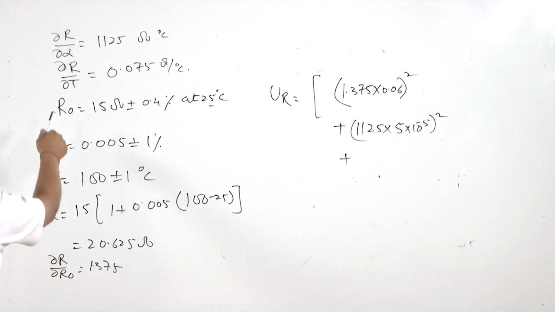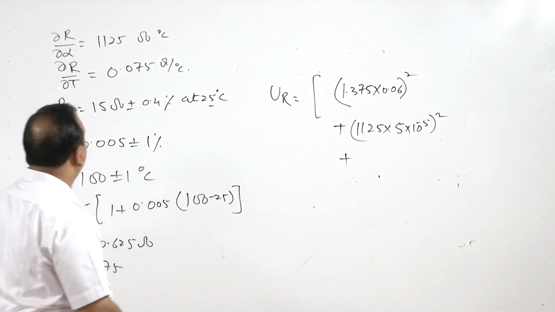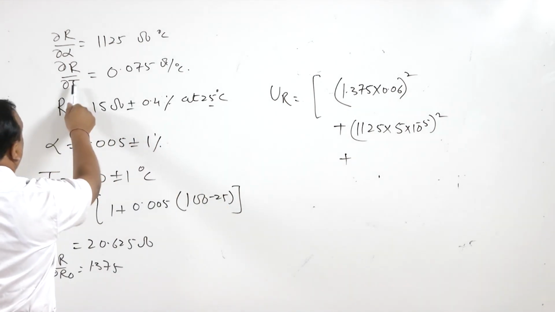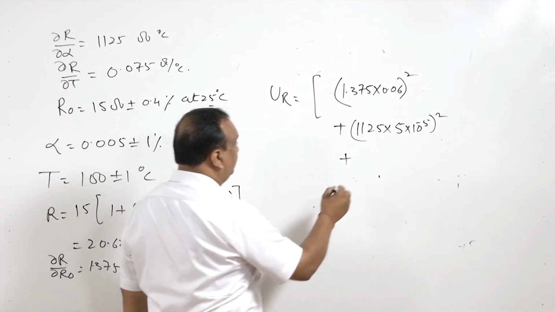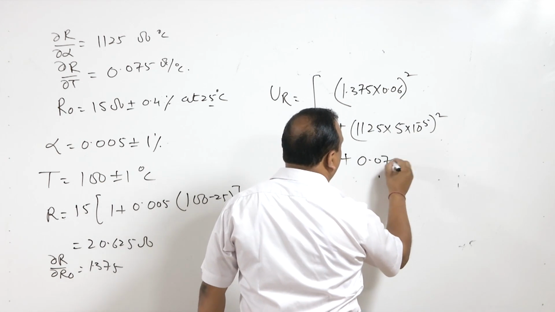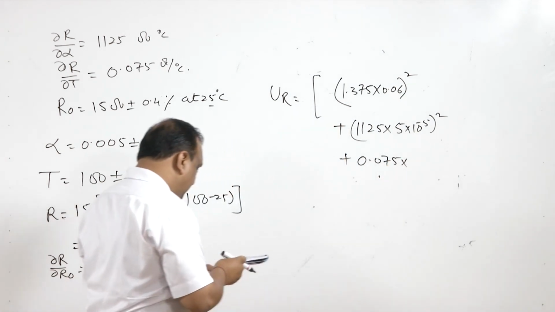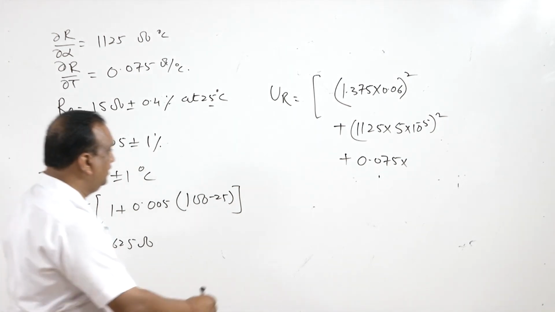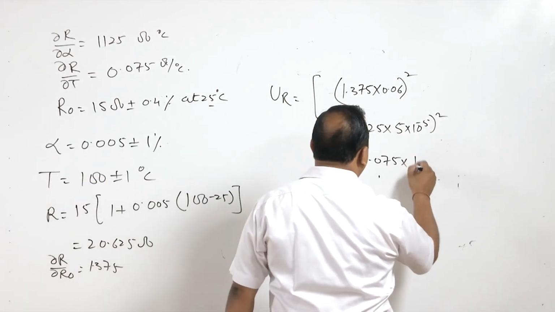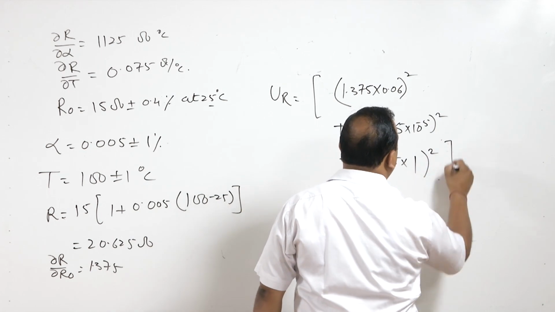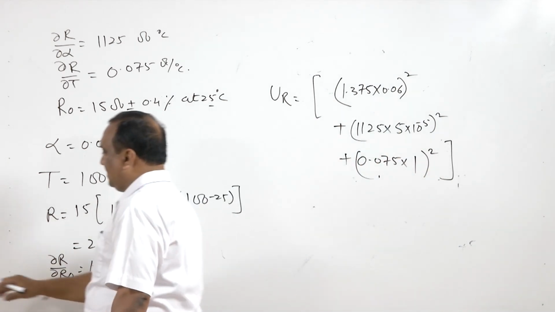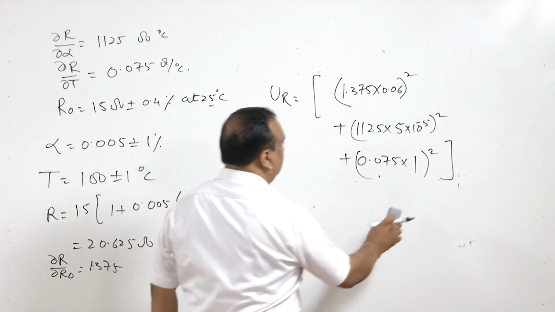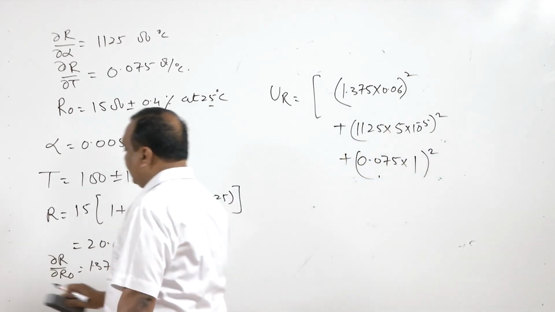So, uncertainty in temperature 0.075. So, this partial derivative of temperature is 0.075 and uncertainty in the measurement is 1 degree centigrade, right. So, it is 1 and square is taken and we will take under root of entire expression.